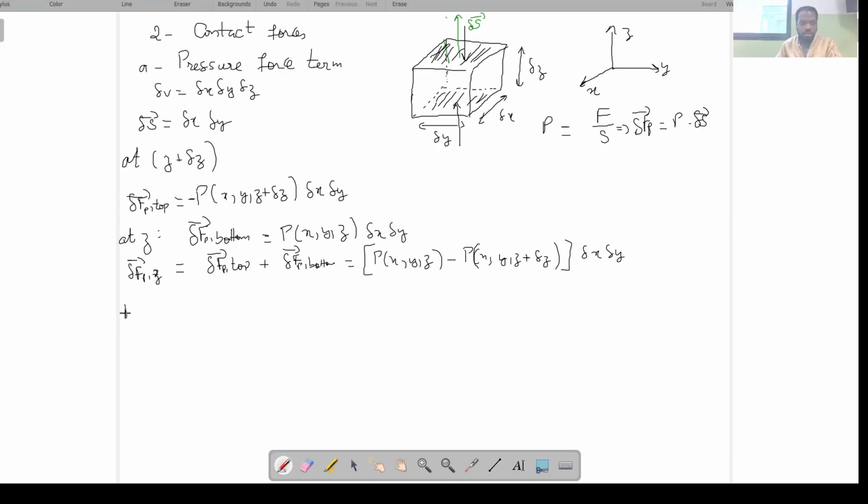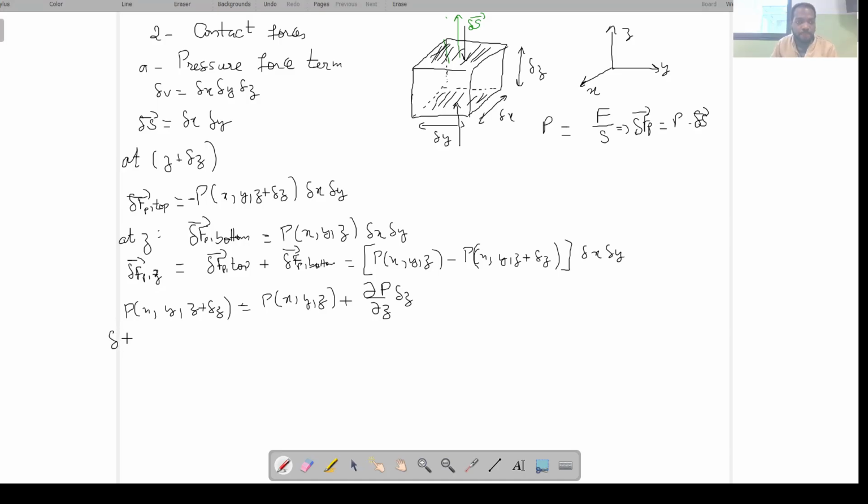So you can write pressure evaluated at X, Y, Z plus delta Z equals pressure evaluated at X, Y, Z plus partial P over partial Z times delta Z. Now we're going to substitute in the expression of the total pressure force in the Z direction.